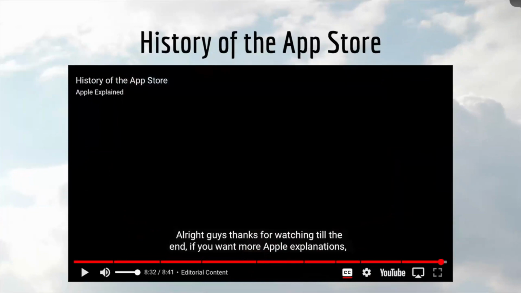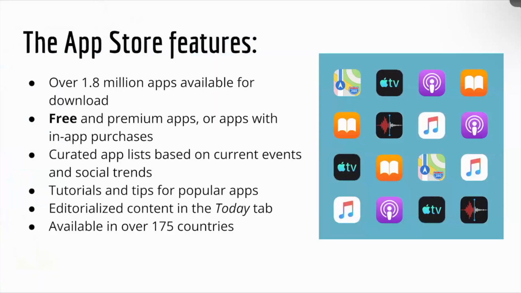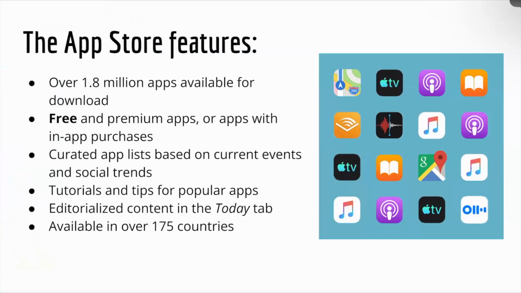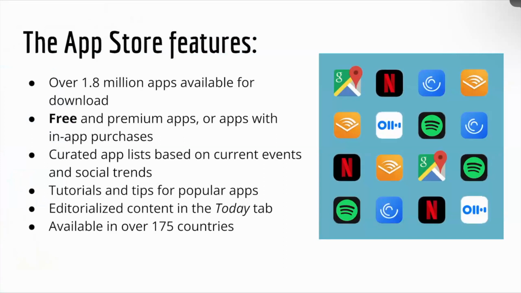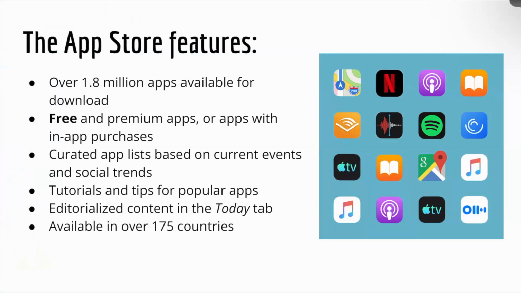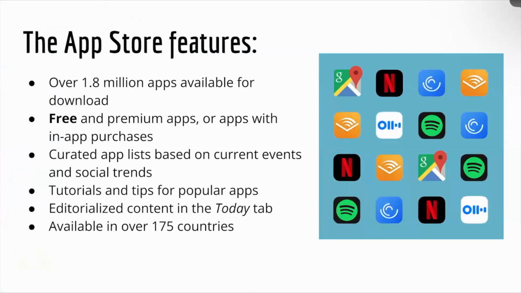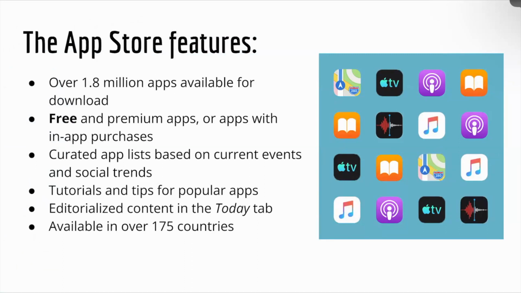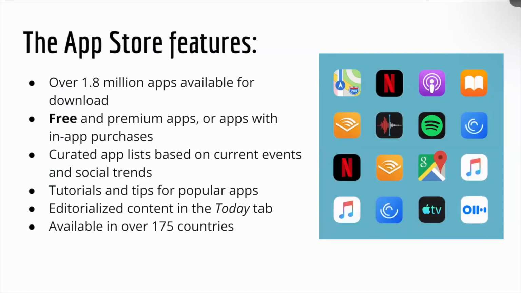So again, the App Store features over 1.8 million apps available for download. There are, of course, free and premium apps, or apps that cost money, or apps that are free but also have in-app purchases.